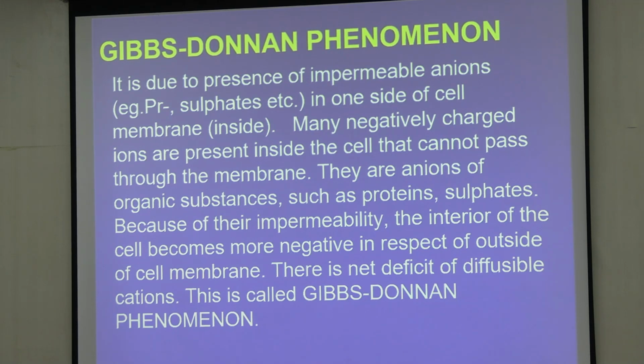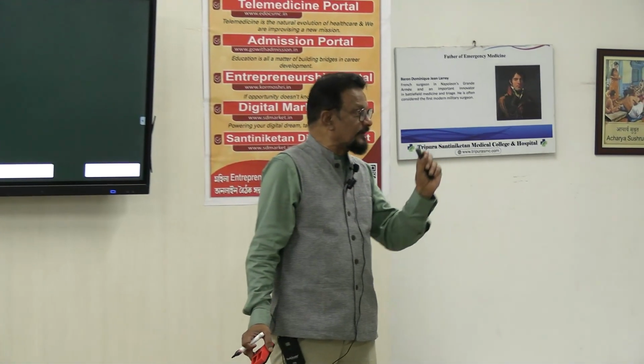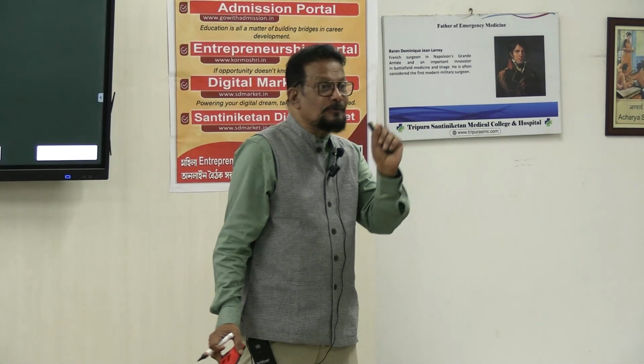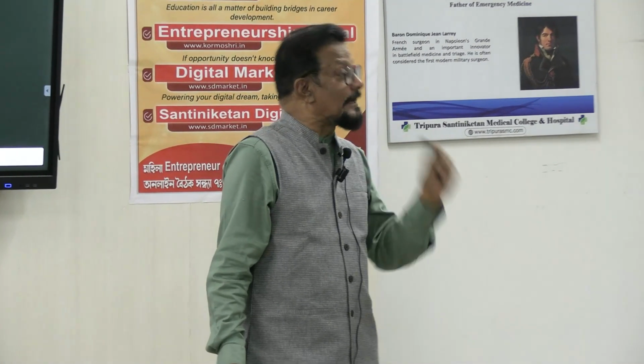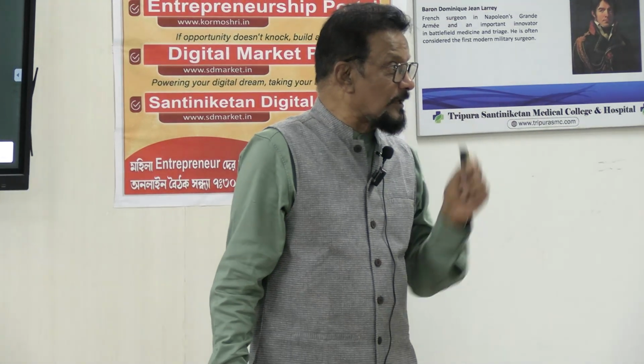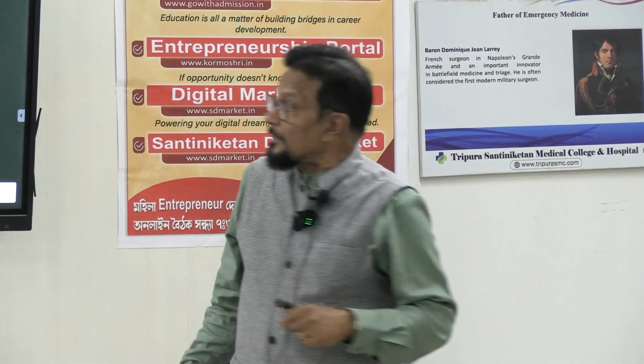Because of their impermeability, the interior of the cell becomes more negative with respect to the outside of the cell. This is one of the causes of why the inside of the cell is negative. If it is asked, you have to write this. There are some other causes, but this is one of the causes. This is the Gibbs-Donnan phenomenon.